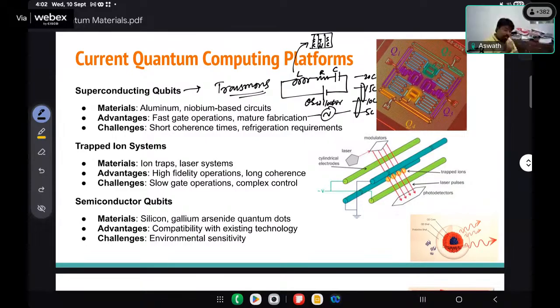And the semiconductor qubits I just talked about are silicon and gallium arsenide quantum dots. Inside the semiconductor material, you trap the electrons at a three-dimensional location, which creates some kind of quantum states. What kind of quantum state is it going to come up with? Spatial quantum states.